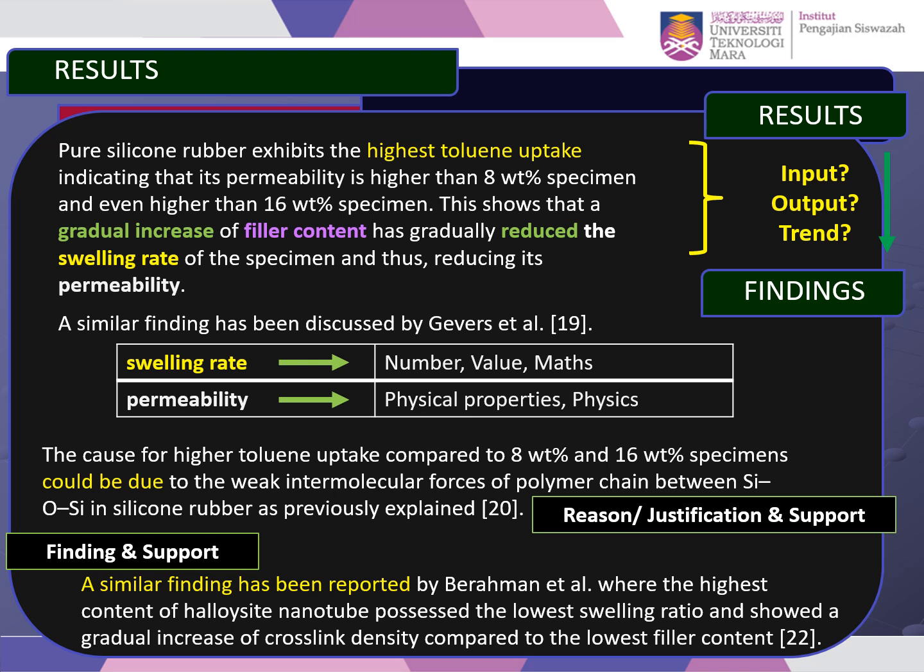So this is a very good way the results are discussed, because it relates the mathematics and the physics, the real thing, the physical condition. Now the next sentence, the cause of fiber, you can see that it could be due to the weak intermolecular forces, as previously explained by reference 20. So again, this is the reason, or you're giving justification, and you support it with a previous study by another researcher.